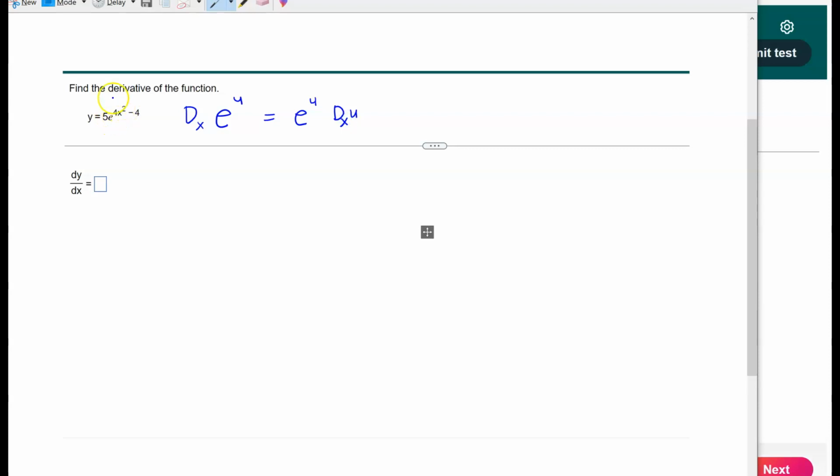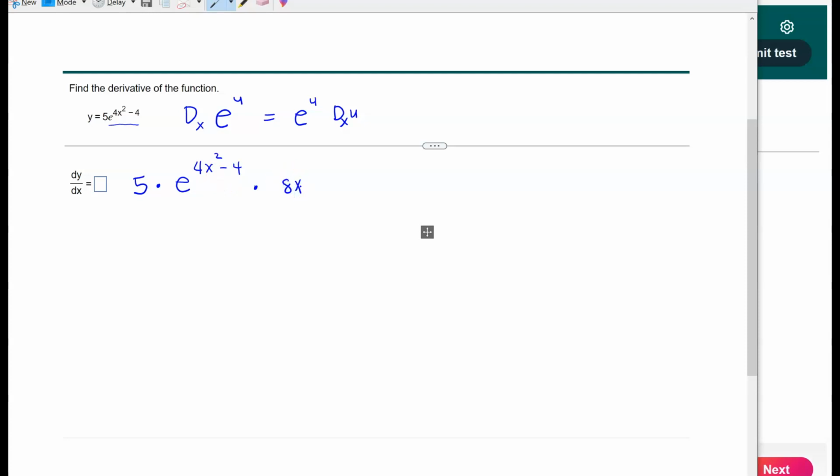So here, you copy first 5, because that's a constant, times the derivative of e to the u. So e to the 4x squared minus 4 times, and then you differentiate u, which is 8x.